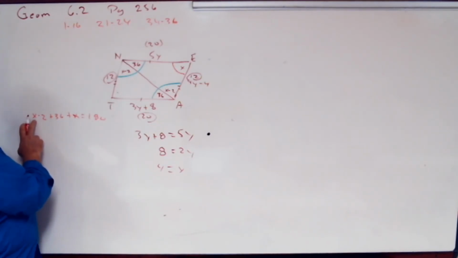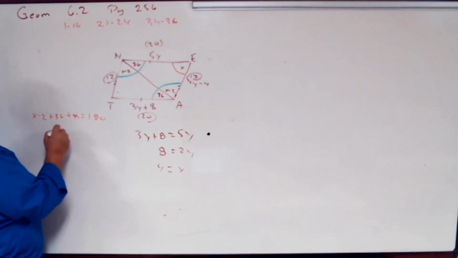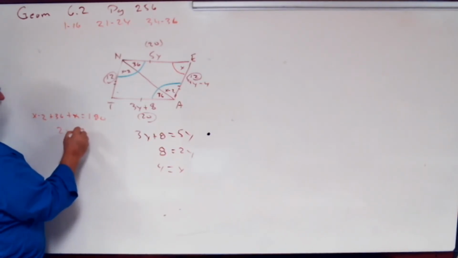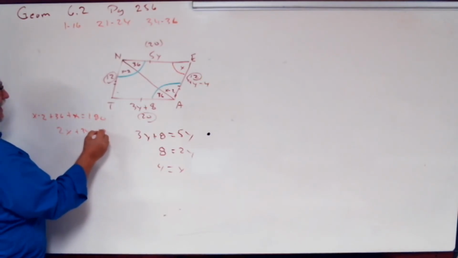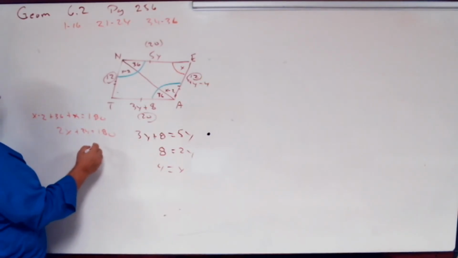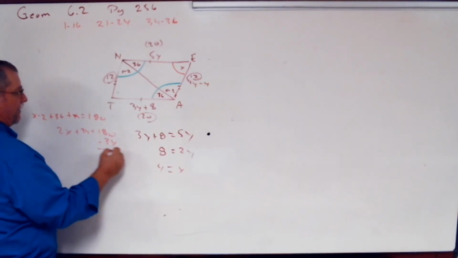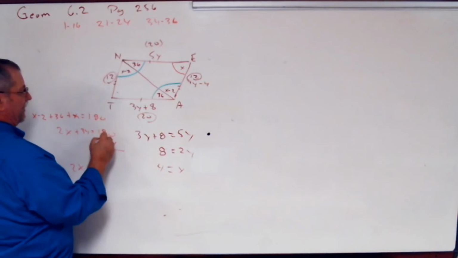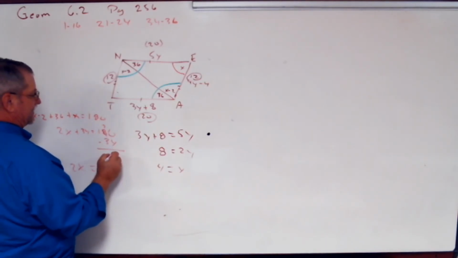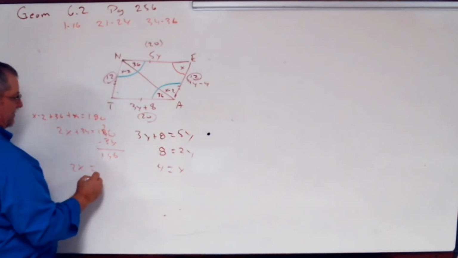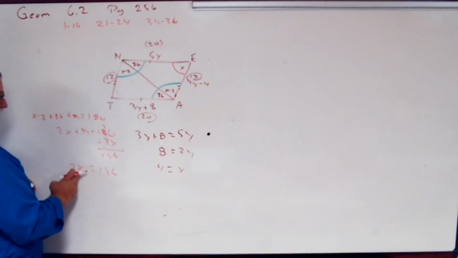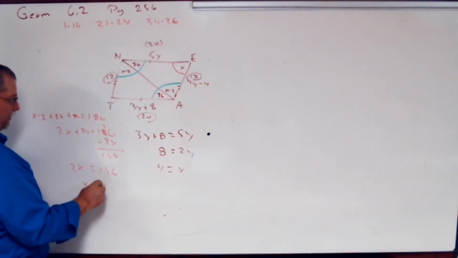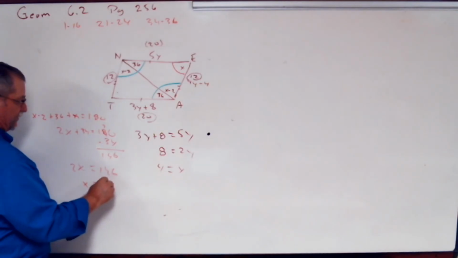So here we have x plus x is 2x. 36 take away 2 is 34. Equals 180. So if we subtract 34 here, subtract 34 here, we have 2x equals 146. Divide by 2, x equals 73.